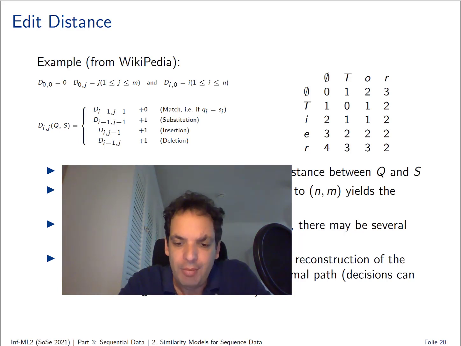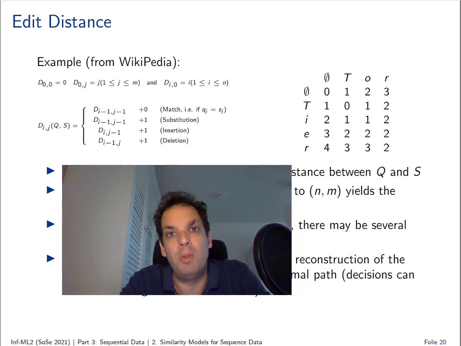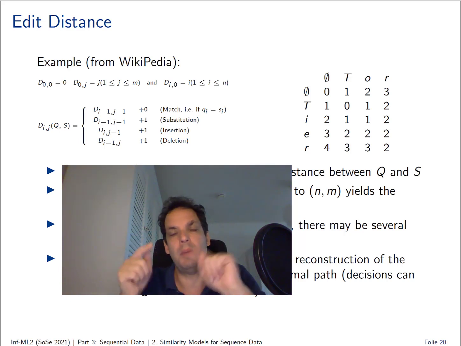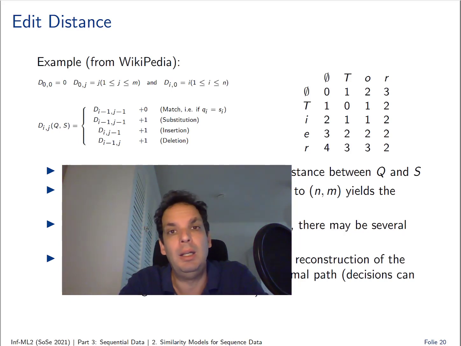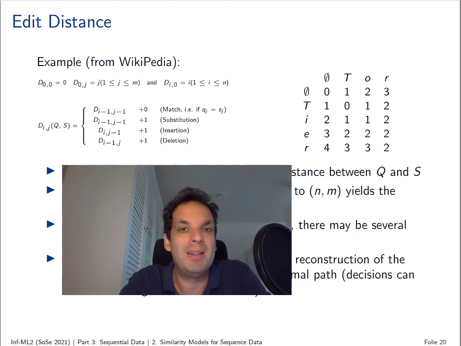Very good. Also a nice thing with the edit distance, or with this procedure, is that from this matrix of these sub-alignments that we fill in during the computation, we get the optimal alignment also.